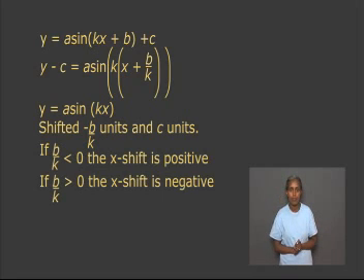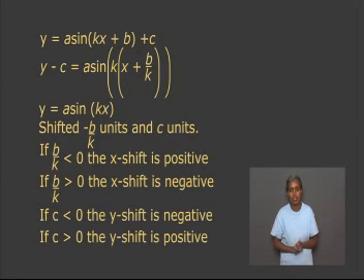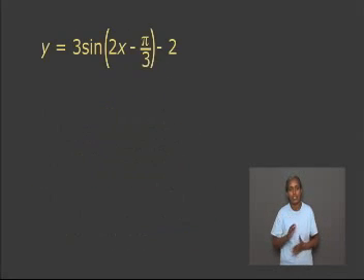If b over k is less than 0, the shift in the x direction is positive, and vice versa. If c is less than 0, the shift in the y direction is negative, and vice versa.